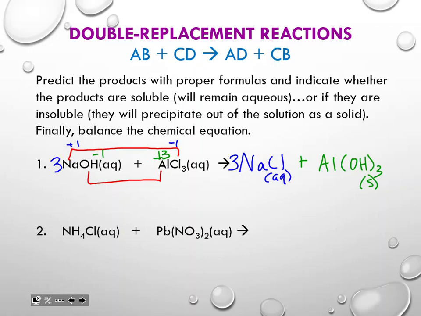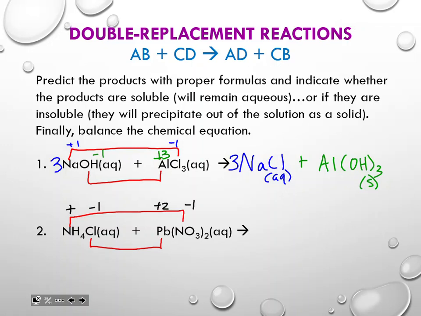So you try the next one. See what you get real quick. Do the outers and the innies. So ammonium goes with nitrate, and the lead goes with the Cl. Follow their charges. Ammonium's +1, chlorine's -1. The lead is +2 in this case. The nitrate's -1.